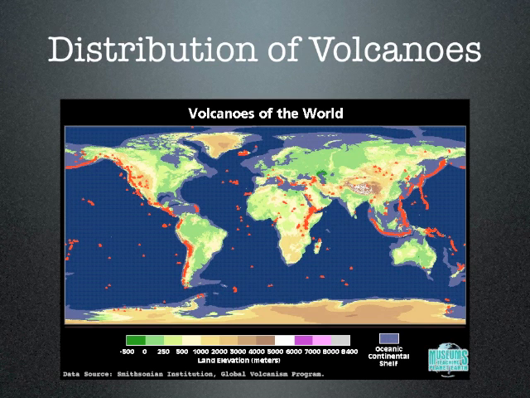If you look at South America, you will see there is another linear pattern of volcanoes. That is the Andes, which is on the destructive plate margin of the Nazca and South American plate. In Africa, to the east of the continent, there is another chain of volcanoes. This is the East African Rift Valley.